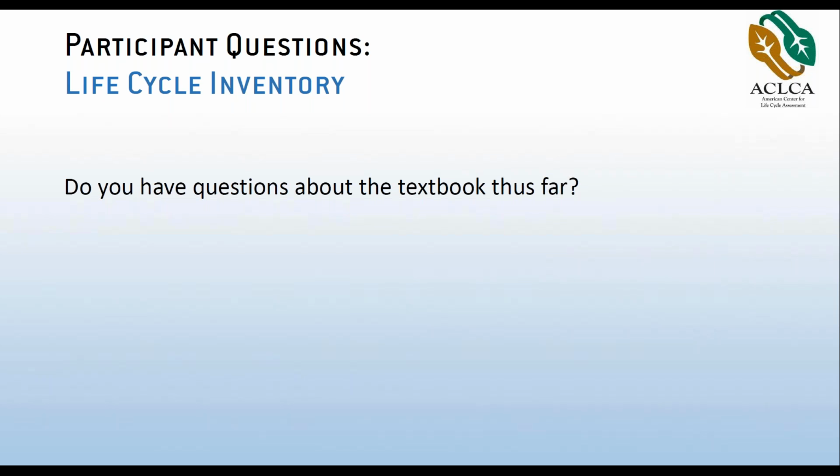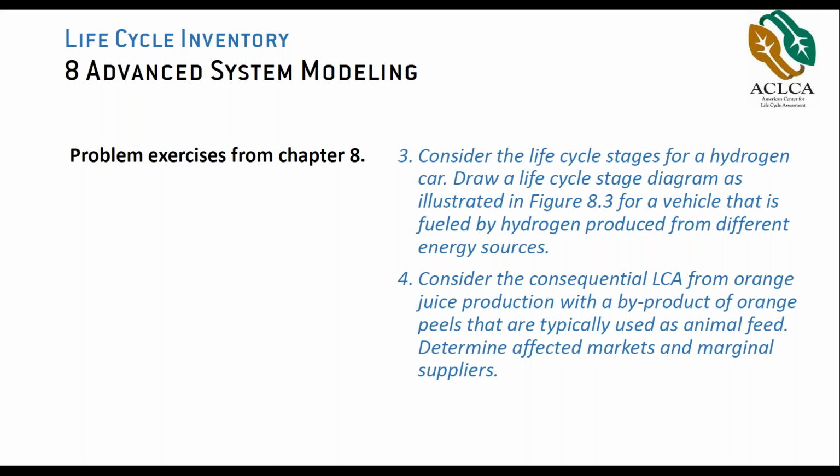Great. And we have one other question right now, which is, what type of examples or exercises are given for Chapter 7, economic input-output? Yeah, we just gave an example of. Let's see.